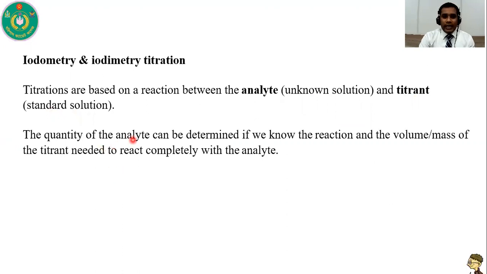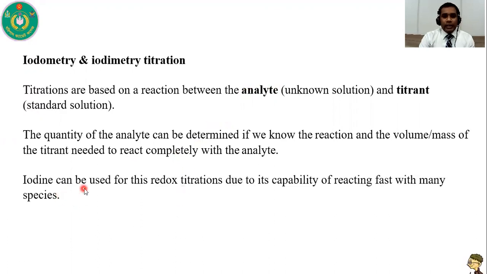The quantity of the analyte can be determined if we know the reaction and the volume or mass of the titrant needed to react completely with the analyte. So by knowing the amount of titrant, that means the volume or mass of the titrant, we can determine the volume or concentration of the analyte.